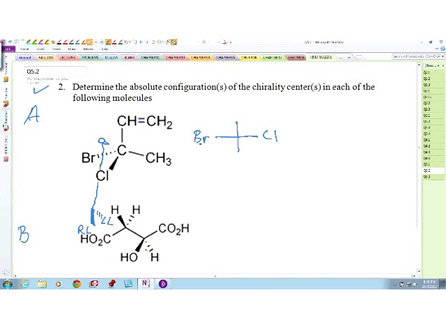Therefore, what is above my chest? This group, right? What is below my chest? CH3. Very good.